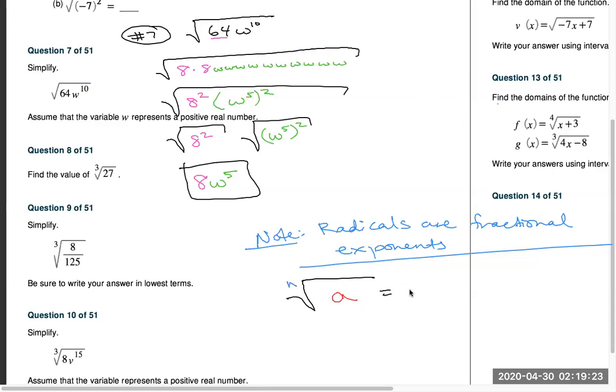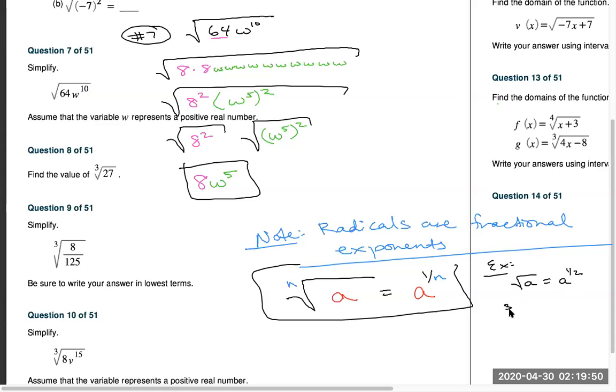That's actually the same as saying I have a to the 1 over n power. So for example, if I have square root a, that's a to the 1/2. If I have cube root a, that's a to the 1/3, and so on and so forth.